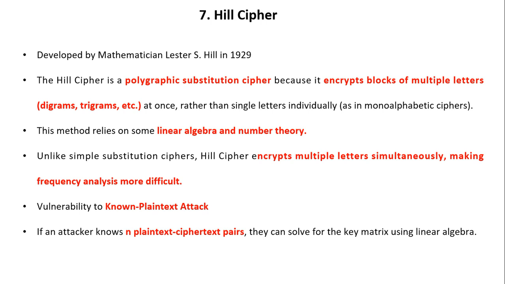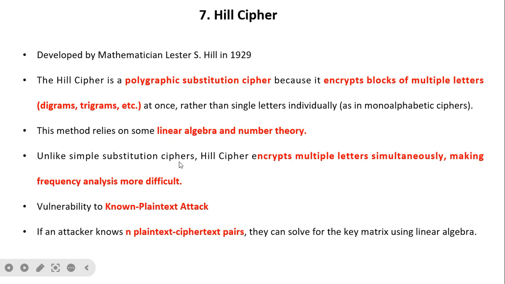The Hill cipher is a substitution method developed by the mathematician Lester Hill in 1929. It is a polygraphic substitution cipher because it encrypts blocks of multiple letters, that is digraphs, trigraphs, etc., at once rather than single letters individually like a monoalphabetic cipher. This method relies on some linear algebra and number theory.